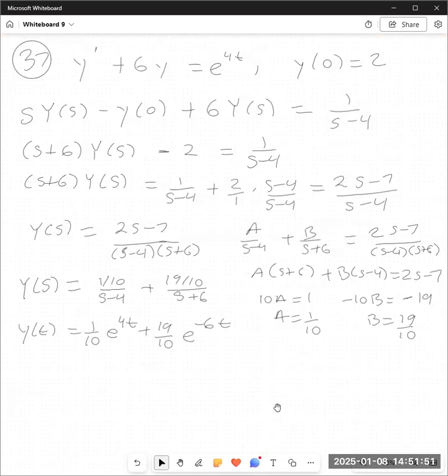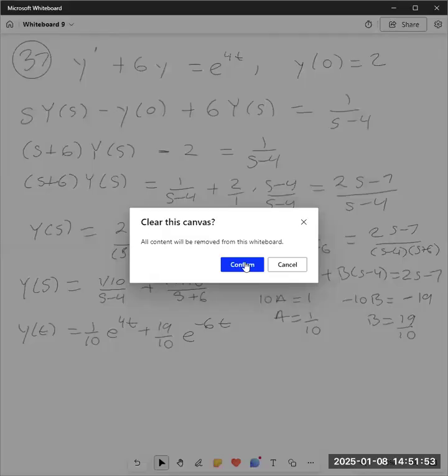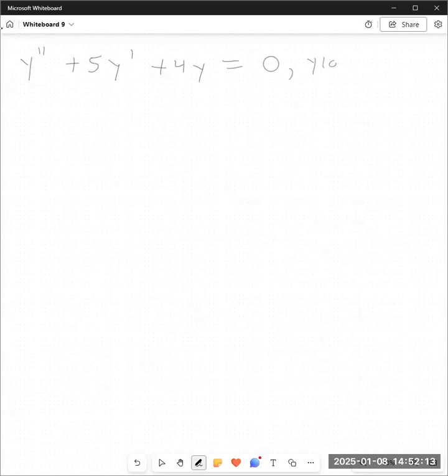So now at number 39. 39 says y double prime plus 5y prime plus 4y equals 0, with y of 0 equal to 1, y prime of 0 equal to 0.